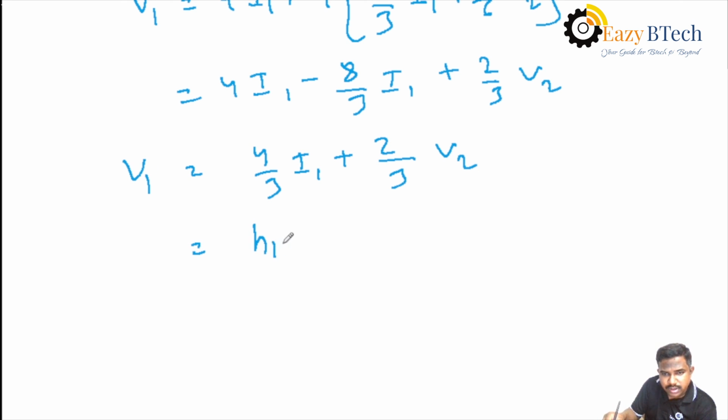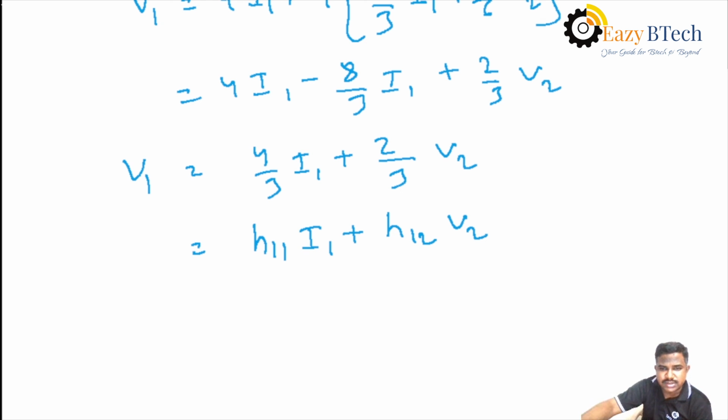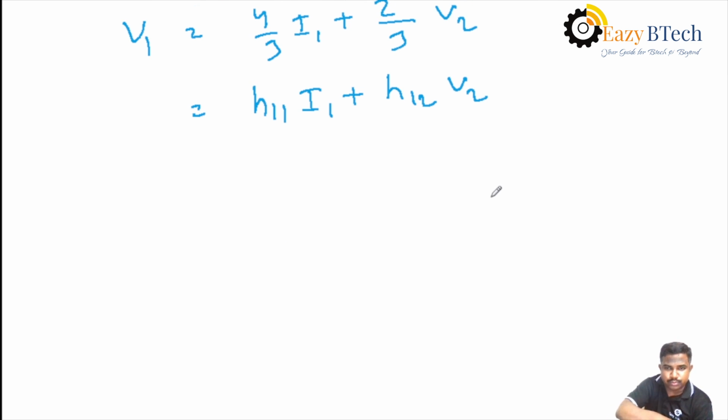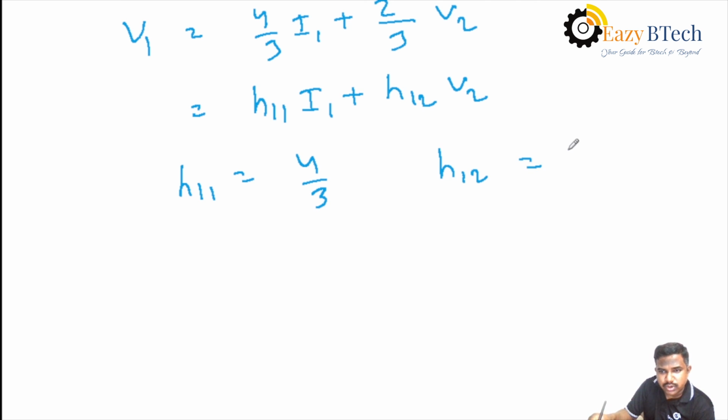You have to compare the equation with the standard equation of H parameters, that is H11 I1 plus H12 V2. From that, the value of H11 is 4 by 3. The value of H12 is 2 by 3.